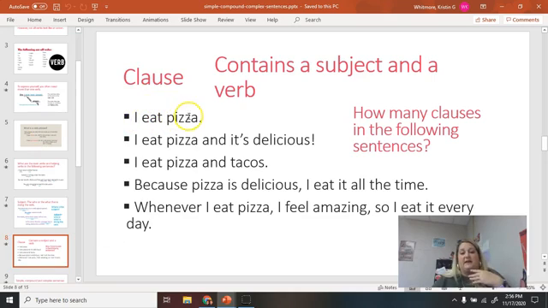I eat pizza. Okay, I, subject, eat, predicate. I eat pizza and it's delicious. Okay. I eat pizza and tacos. So we have all these different sentences just building on each other, and we're adding every time another subject or a verb, excuse me.